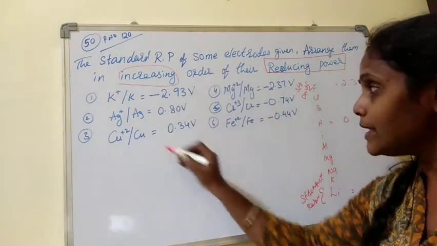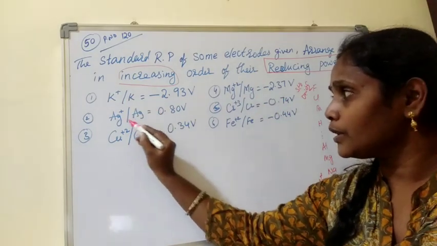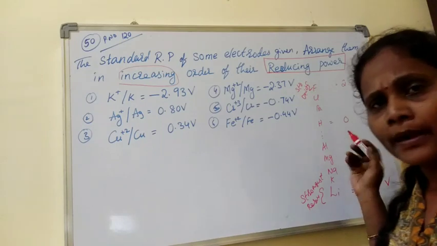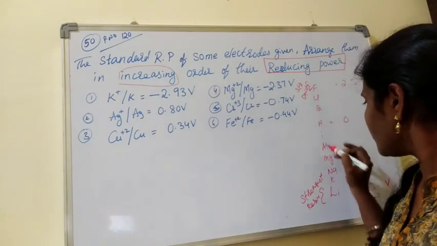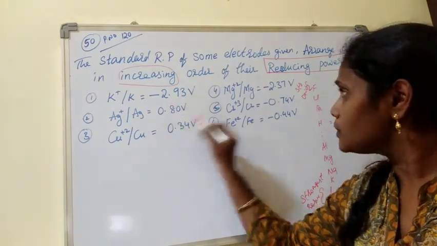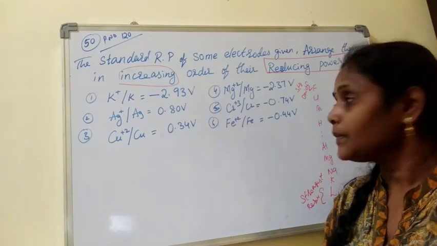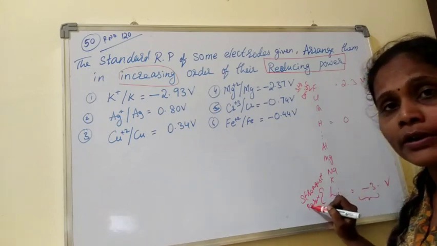So among this now we have to arrange by numbers. Don't get confused by looking into the elements, right? That's why I told you not to mug up all the electrochemical series. Just have an idea which elements are coming. So here by looking at the numbers only we can decide increasing or decreasing order of those elements. Now here, as I said, the least will have more reducing agent.